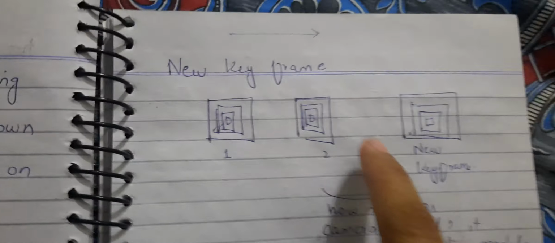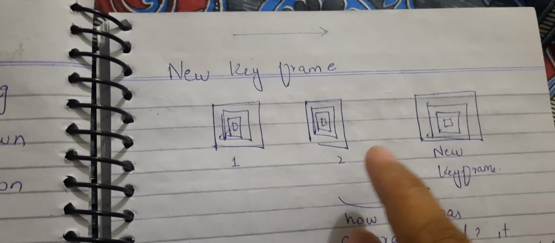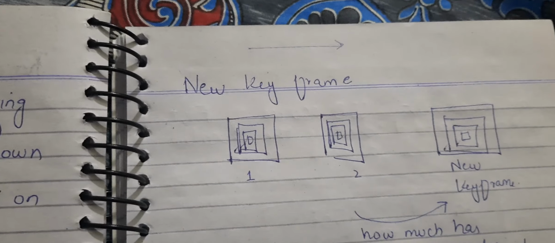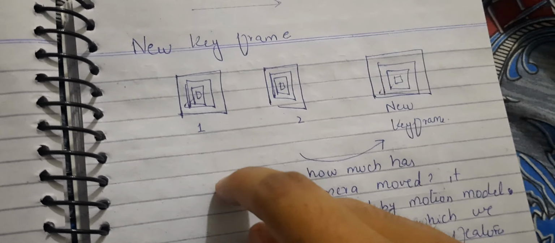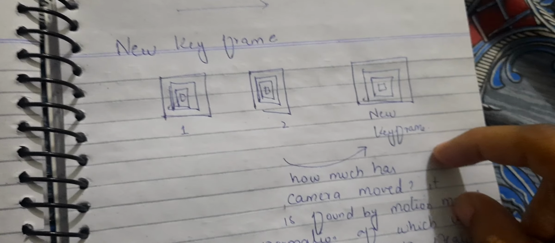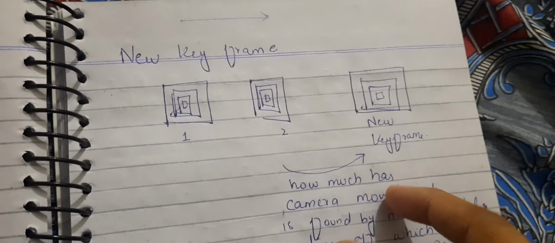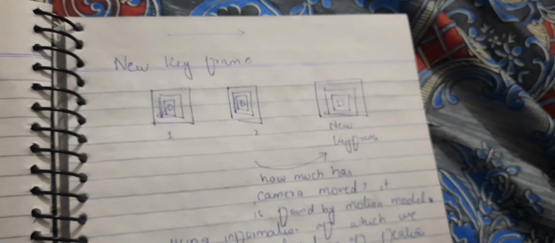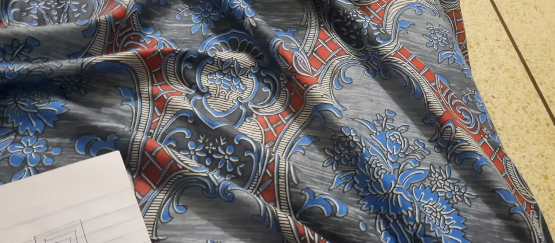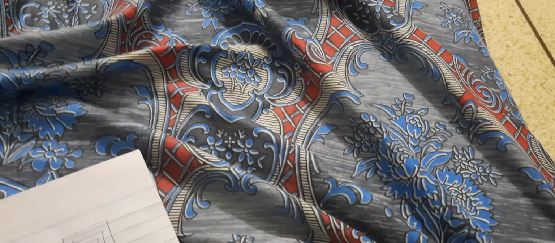Now let's say another frame appeared. Now when will another frame appear? Obviously when the robot moves a bit further. When it moved a bit further, there was a motion model that was keeping track of the movement of the robot. That was not accurate, but you have some sort of motion model that was keeping track of with how much velocity your robot is moving, and until it took another picture, how much distance it covered.